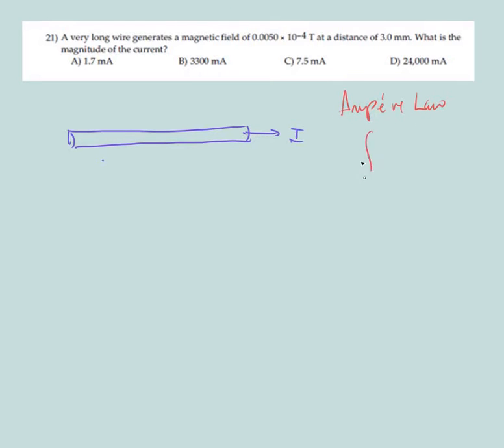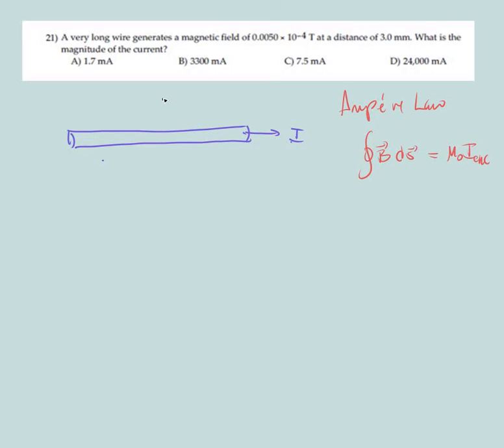Ampere's law basically says that the closed line integral of the magnetic field times ds is equal to the permeability times the current enclosed, right? So in this case, when the current goes through a wire, it will generate a magnetic field, in the form of a circle.